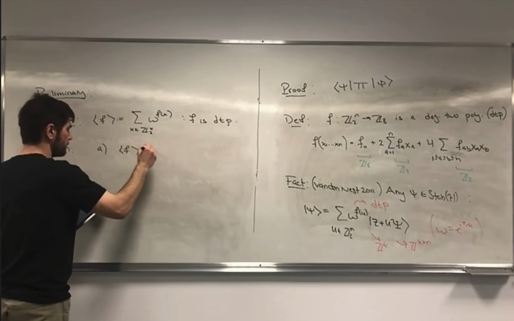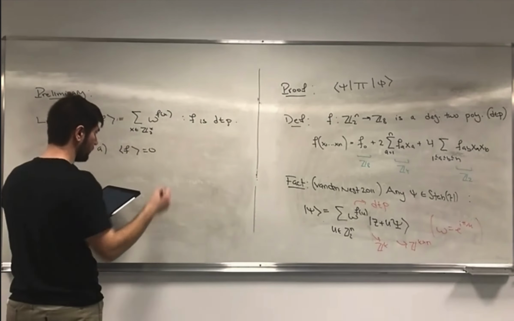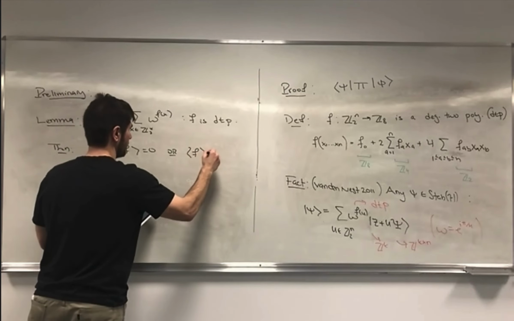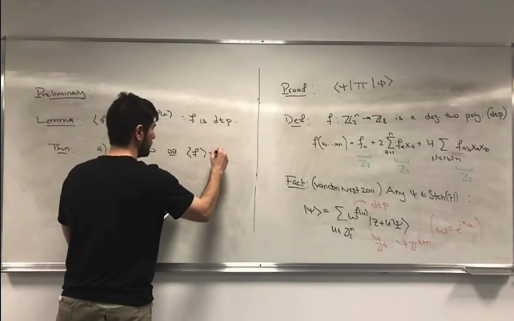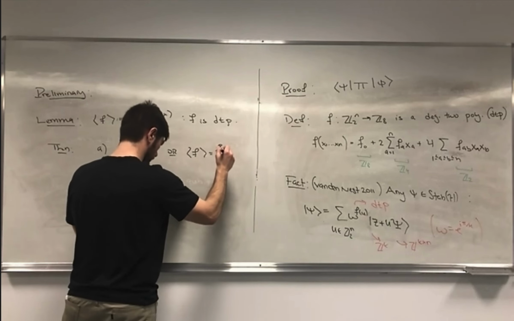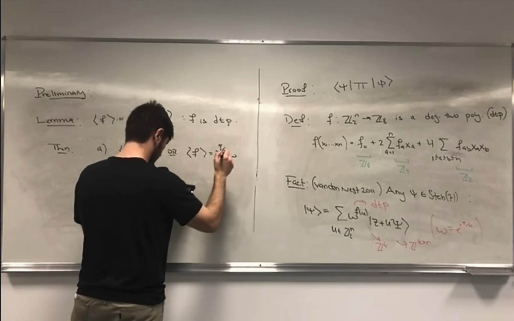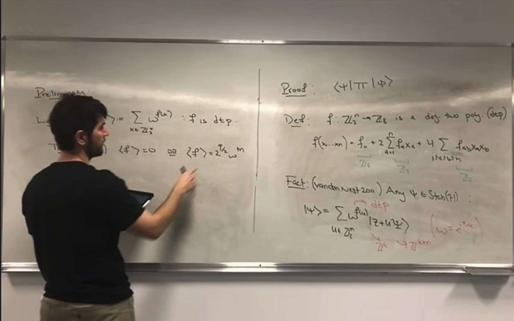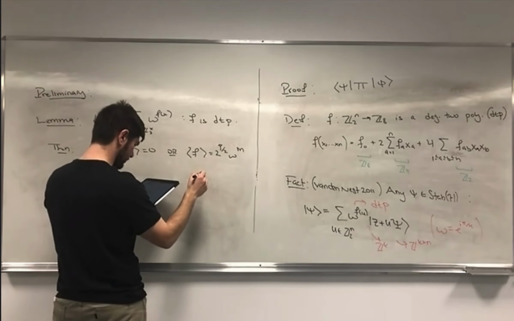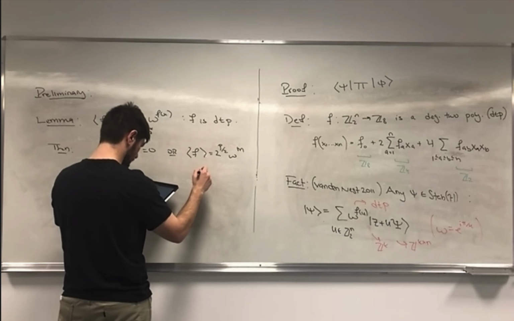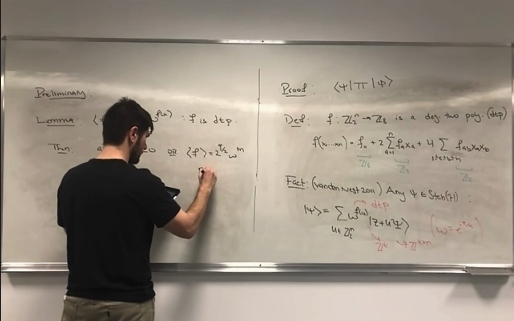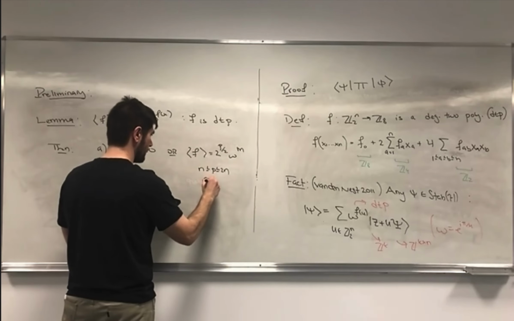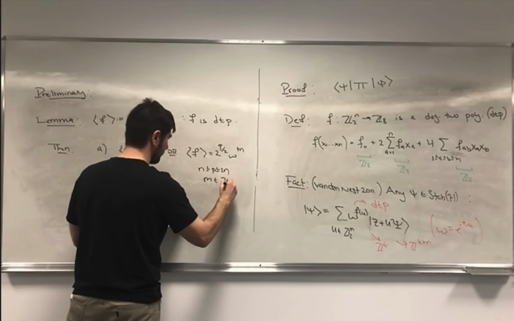Either f bracket is equal to 0, or f bracket is equal to 2 to the p over 2 times omega to the m, where p is some integer between 0 and 2n, and m is an element of Z8.